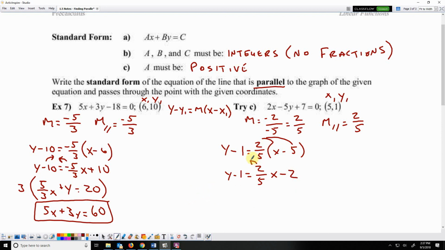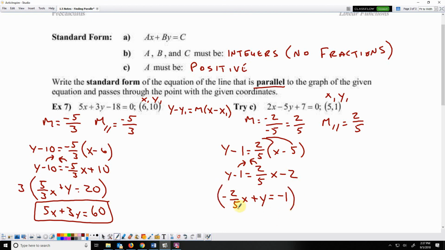So I need to get my x term to the left, my constant to the right. So I have -2/5 x plus y equals -1. So now I have two problems. One is that I don't have all integers, and two is that my lead coefficient is not positive.